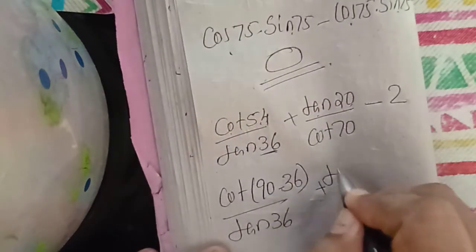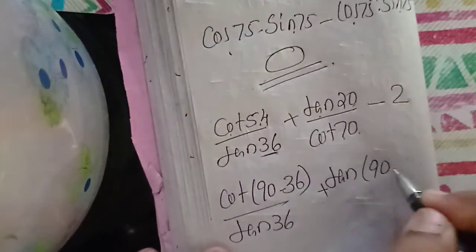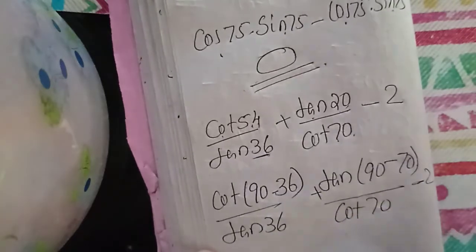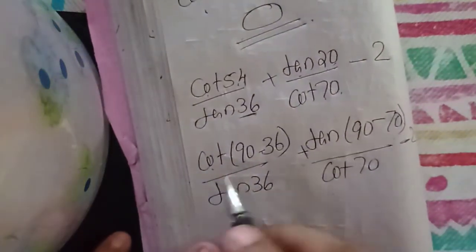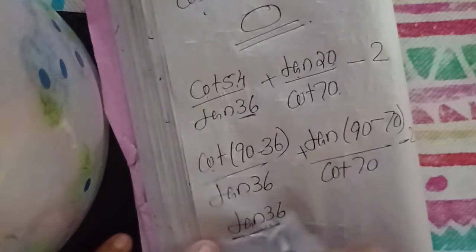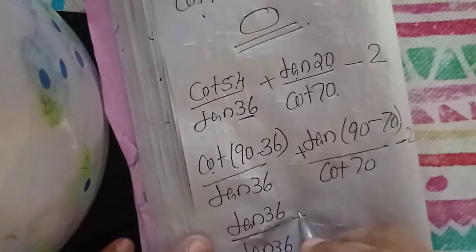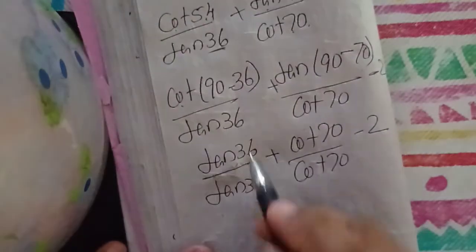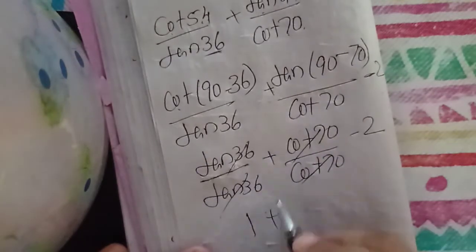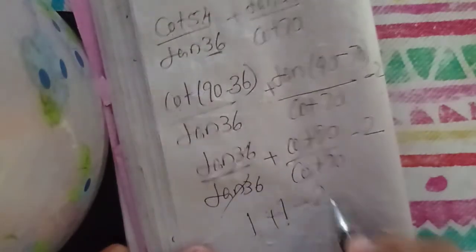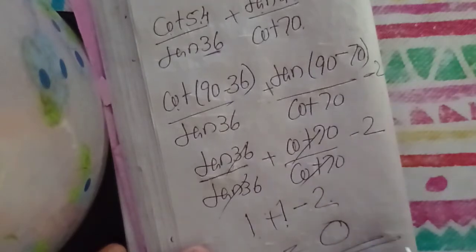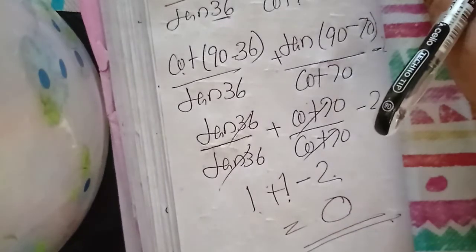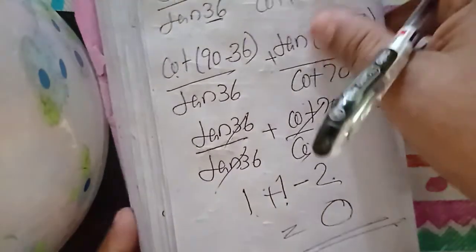Plus tan 20 is tan 90 minus 70 by cot 70, minus 2. Okay. Cot changes to tan 36 by tan 36, plus cot 70 by cot 70, minus 2. Cancelling, you will get 1. Cancelling also 1, minus 2. 1 plus 1 is 2. 2 minus 2 is 0. Understand?